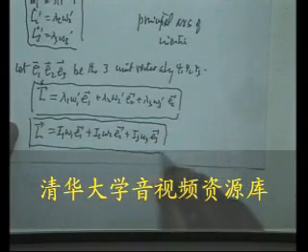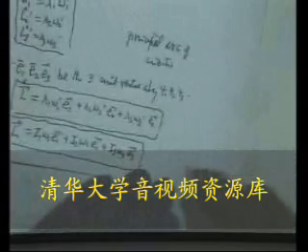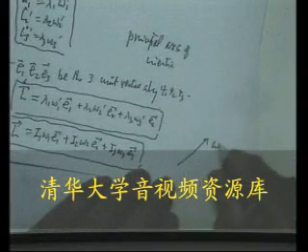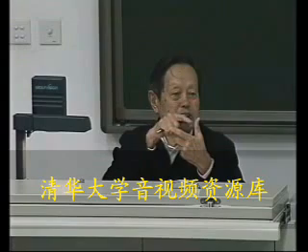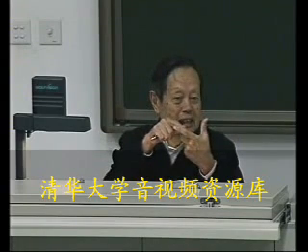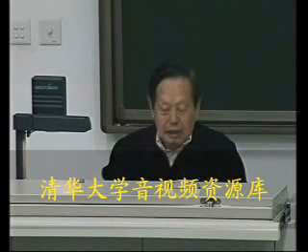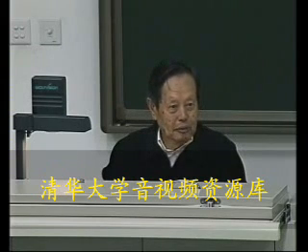So here's omega, and you resolve it into three components along the three principal axes of inertia, and then you multiply the components by I1, I2, I3.